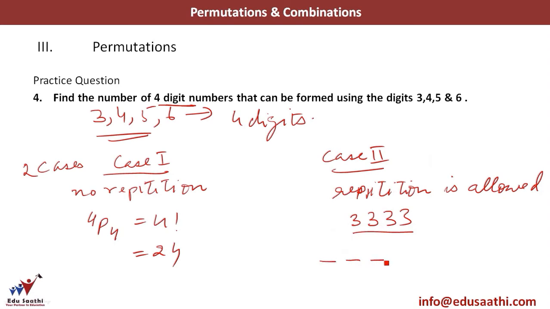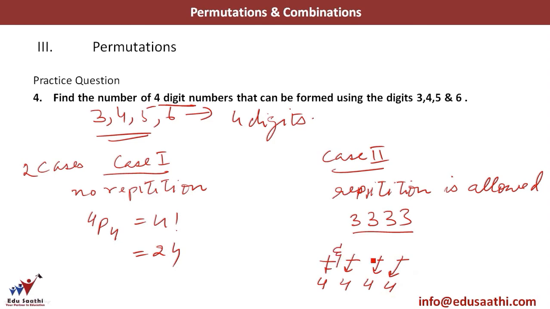I have 4 digits to be filled up. The first place can be filled up in 4 ways. I can choose any one of these 4 digits, 3, 4, 5 and 6. Similarly, the second can be filled up in 4 ways. The third can be filled up in 4 ways. And the fourth one also can be filled up in 4 ways. Since I have to choose all 4 digits, it's a 4-digit number. So it's a case of and.